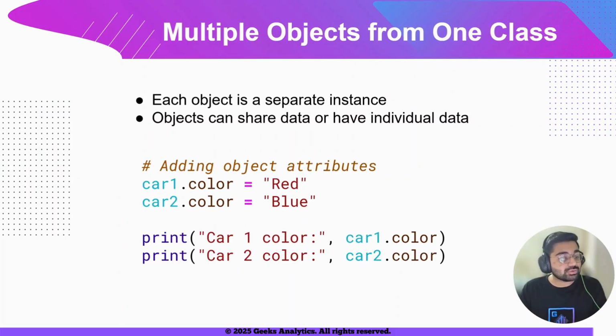And to add more attributes specifically for one single object, you can simply use the object dot whatever variable name you want to give, equal to its value. That particular value will be independent and only used for that particular object, and that data will not be shared with the other object despite both belonging to the same class.